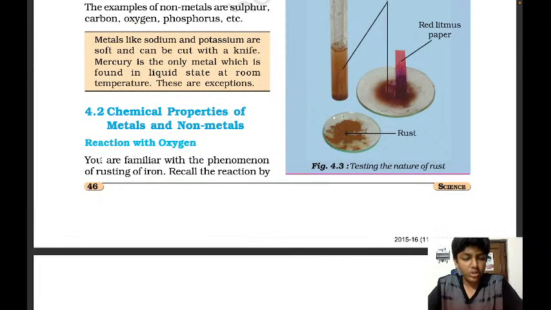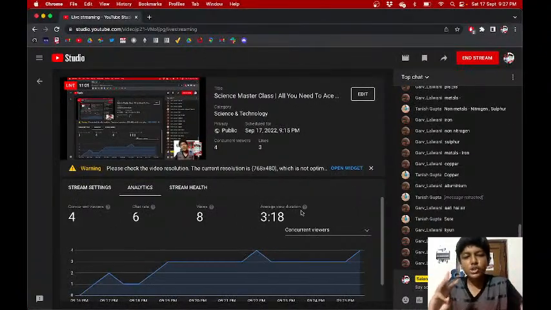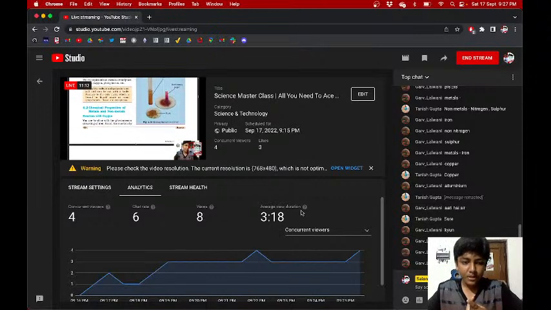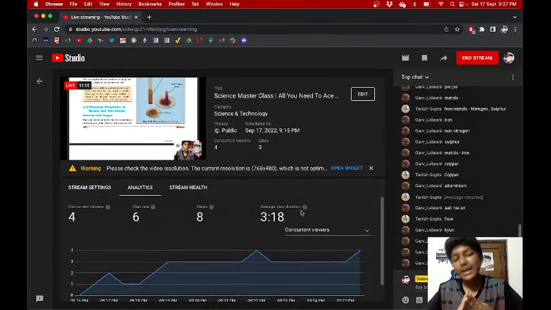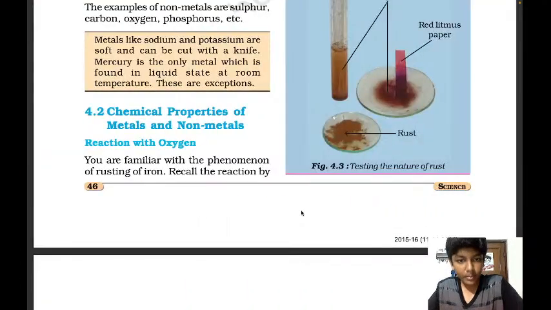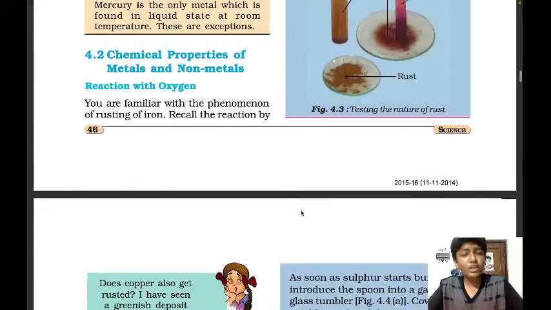I'm telling you three valencies right now that are important: the valency of zinc, copper, and iron. Iron has a valency of 3, copper has a valency of 2, and zinc has a valency of 2.